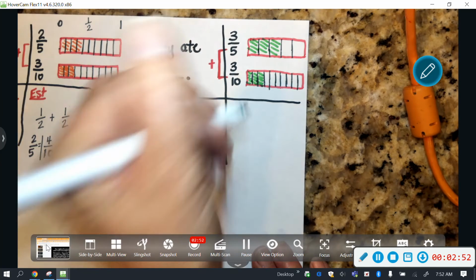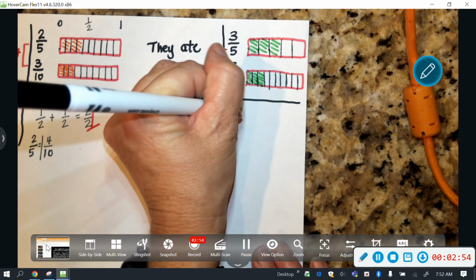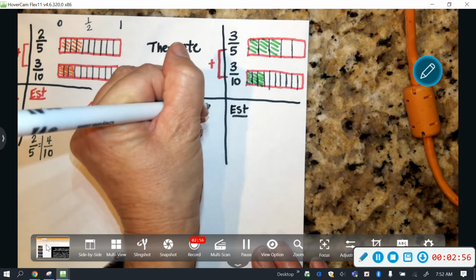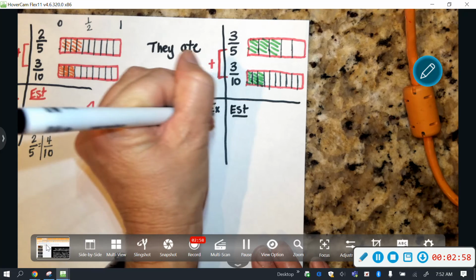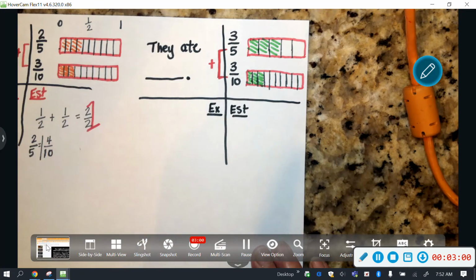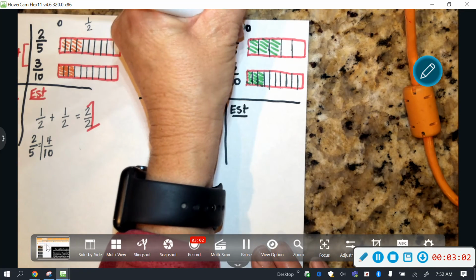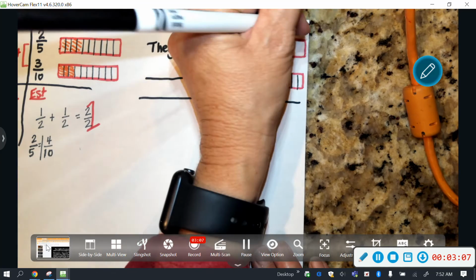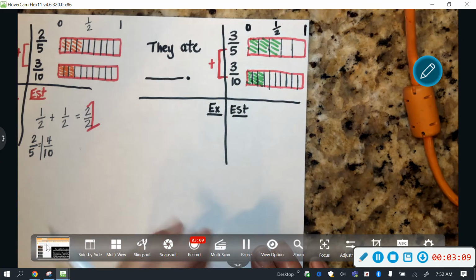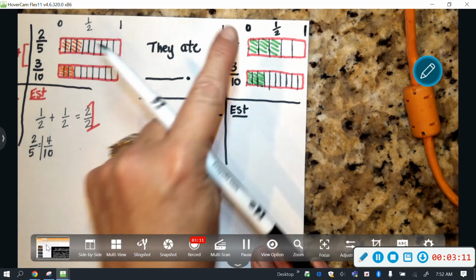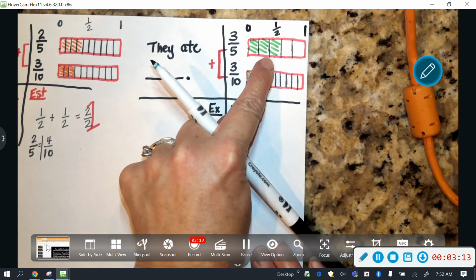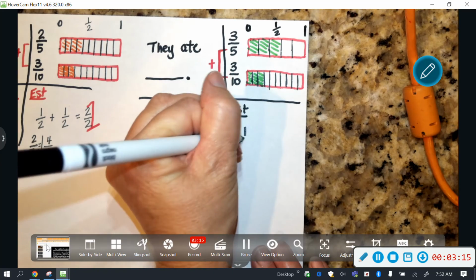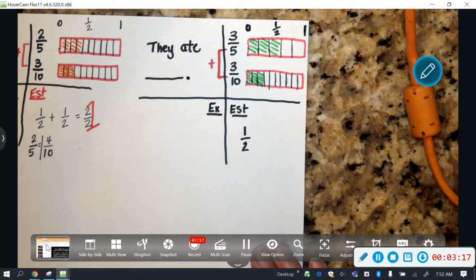Now I have to make my quick estimate. So my estimate's going to go here, and my exact information is going to go here. So remember, whenever we're estimating, we're making quick estimates of 0, half, or whole. So 3/5, that's a little more than half, so of course I'm going to estimate that to 1/2.